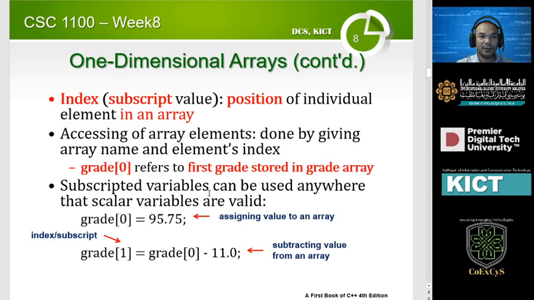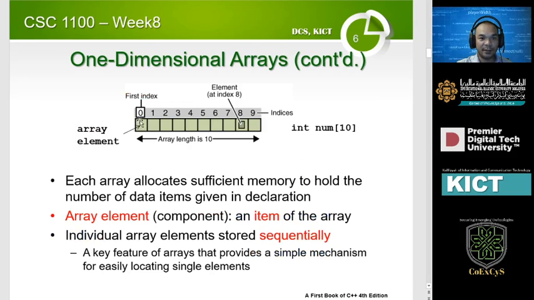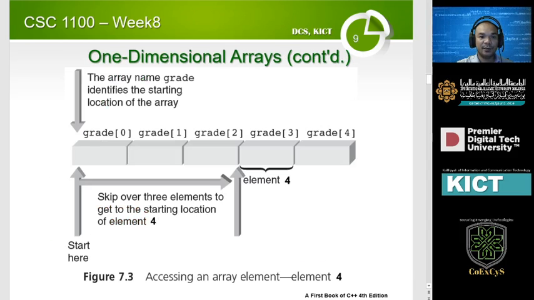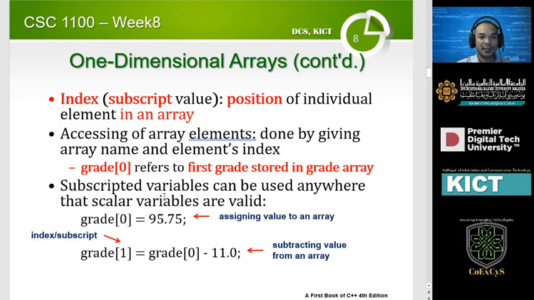So whenever we're doing a one-dimensional array, you can assign values by basically just putting the index value that you want. So if you want to put a grade in the 0 part here, you would refer to it as index 0, right? And this would put the data in the first index. And if you want to put it in the second index, you put grade 1, right?